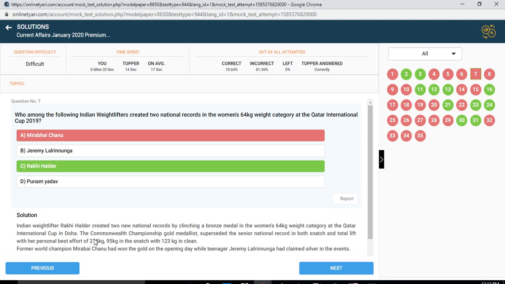The Commonwealth Championship gold medalist surpassed the senior record in the snatch and the total lift, which was her personal best effort: 218 kgs total, 95 kg in the snatch and 123 kgs in the clean and jerk.